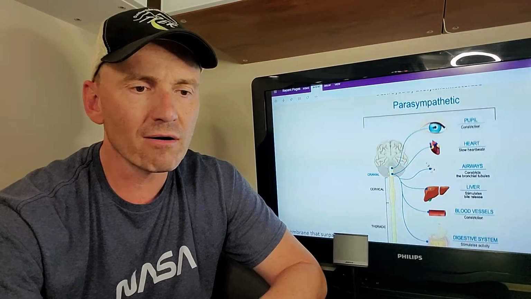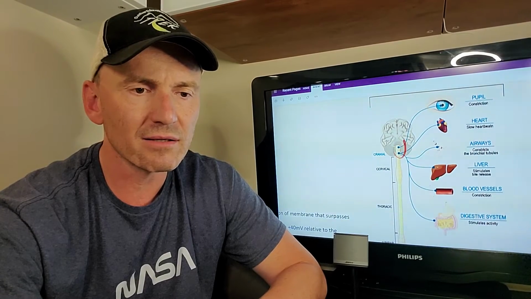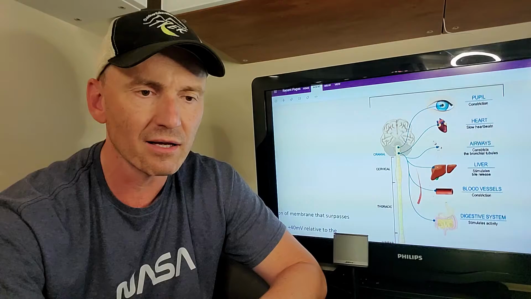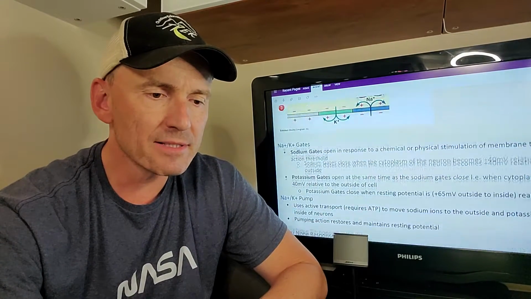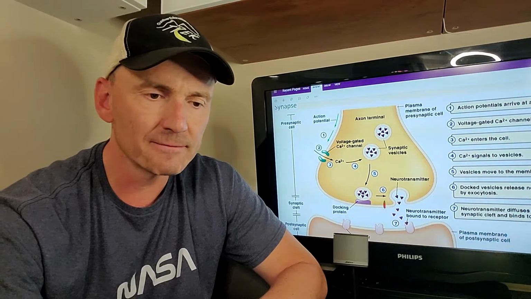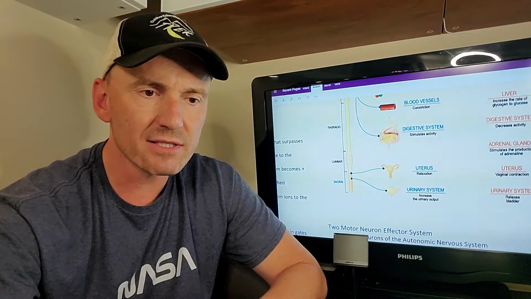So the hypothalamus, those reflex control centers of the brain, start sending signals along these nerves. And they release the neurotransmitter acetylcholine, along the nerves that target your digestive system.